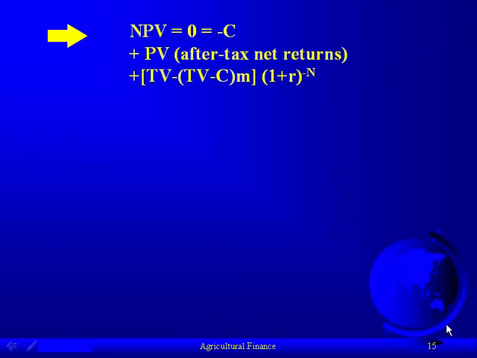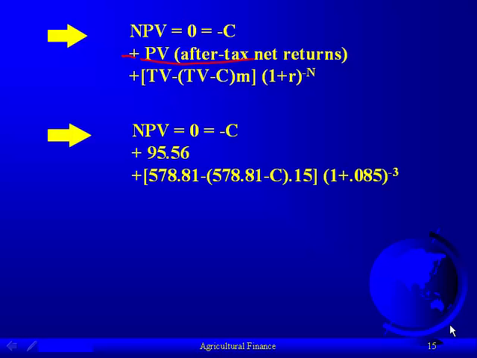So here's our problem. We lay out the net present value. We set the net present value to 0. We know that this present value of after-tax net returns, if you look at your chart, on the right-hand side of that particular component, if you flip your page, you'll see that that second component, the present value, is 95.56.